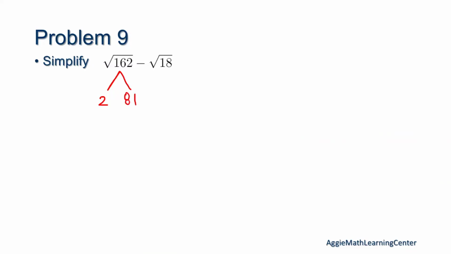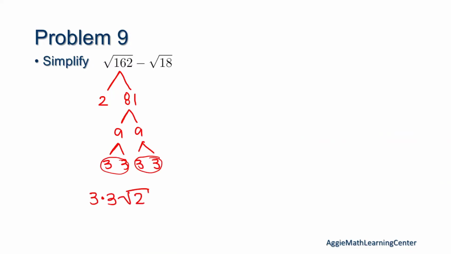Okay, and now I can split 81 into 9 times 9. I can split the 9s into 3 times 3, 3 times 3. Okay, so now I have two groups here. So I'm going to pull this 3 and 3 out of the square root and leave the 2 inside.